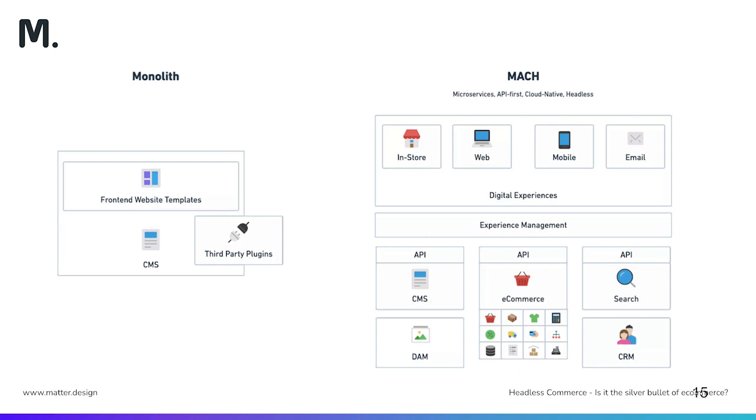In contrast, what we are looking at is what's called a MACH architecture. So MACH stands for Microservices, API First, Cloud Native, and Headless. And this is where your front-end presentation layer is decoupled from the systems in the back end running the site. These front ends can be driven through a composable headless architecture, and this is where we are composing the pages based on connections to those microservices.